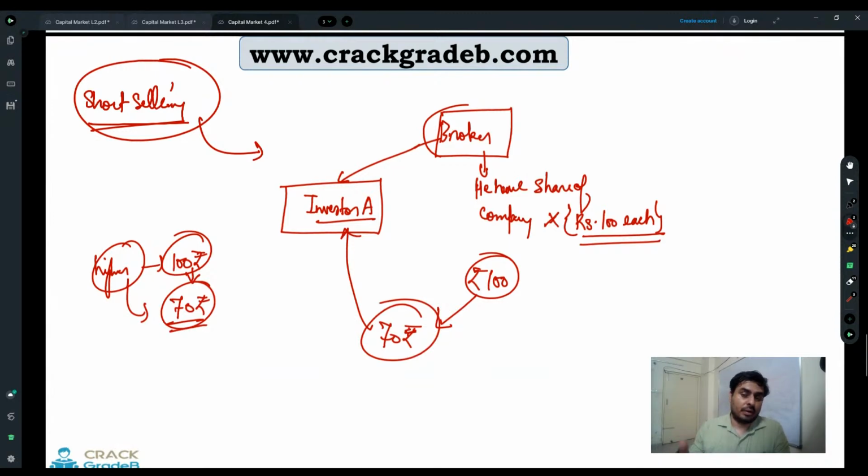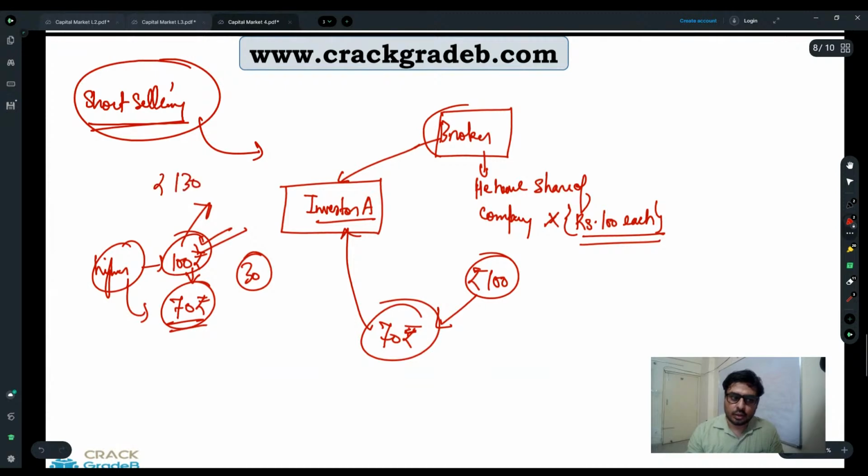His intention is that I will purchase this share when the price falls down, so the margin will benefit me, right? I will sell at 100 and I will purchase back at the price of 70, because I feel that the price of 100 rupees is too much. So you are going to gain a margin of 30, right? But here it is pure gambling, big risk, big risk, because if the price is going to increase to 130, you are going to lose. You are going to lose.